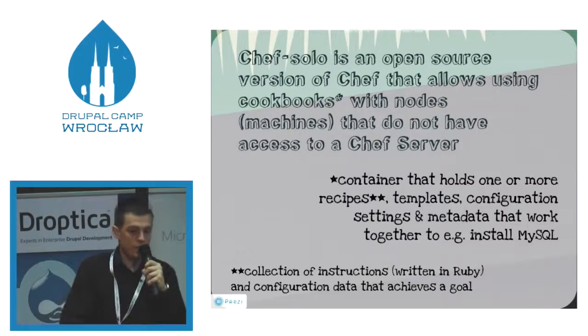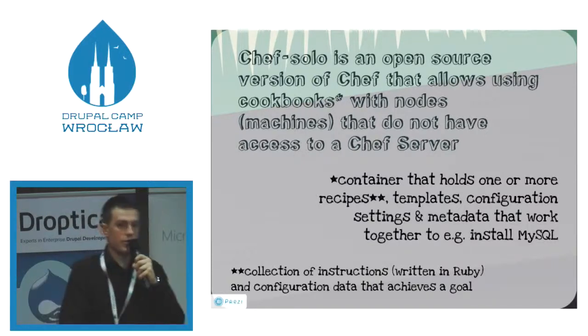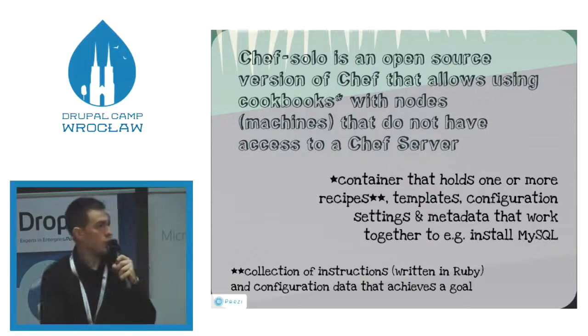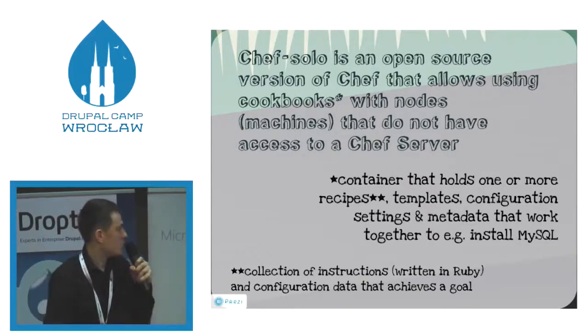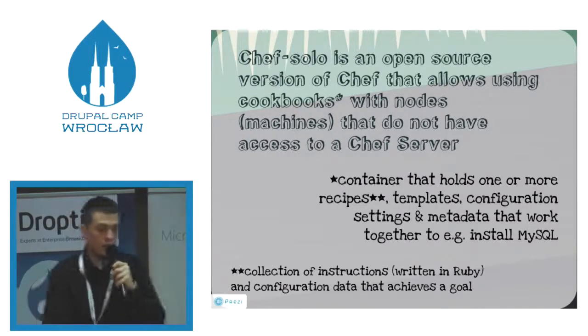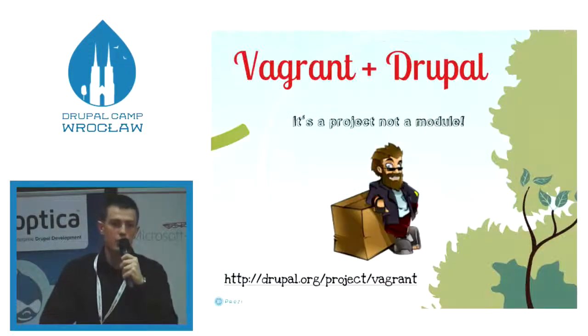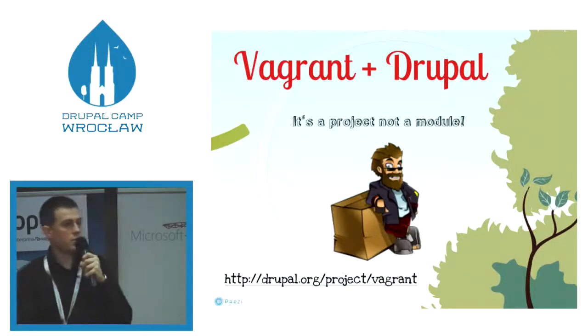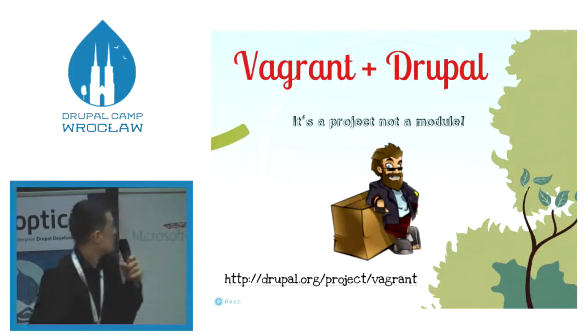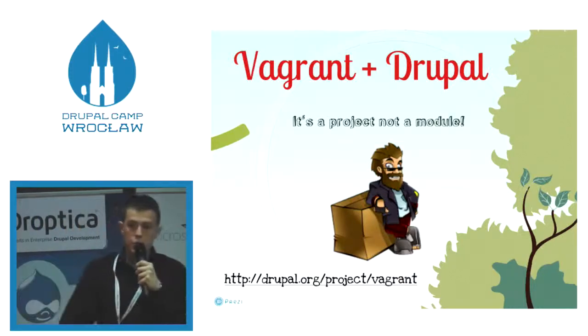But these things, like configuration of Vagrant, are made in Ruby. But I'm not going to go into specifics of how to do that today, because we've got Project Vagrant for Drupal. And this is Project Vagrant for Drupal. You can download it from drupal.org. It is not a module which you install in Drupal.